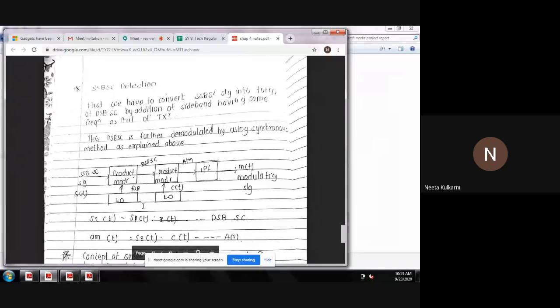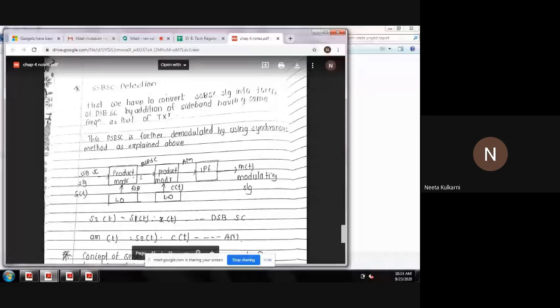So you can use any symbols as per your convenience. इथं कुठले घेतलेले आहेत आपण? ह्याला S1 of T म्हणलेलं आहे. इथली जी फ्रिक्वेन्सी आहे त्याला X of T म्हणले आहे आणि ह्याचा आउटपुट जे आहे ते S2 of T. So S2 of T is equal to S1 of T multiplied by X of T. And here this product modulator's output AM of T is S2 of T multiplied by C of T. आणि हे परत देतो आपण लो पास फिल्टरला आणि आउटपुट we are getting as modulating signal.